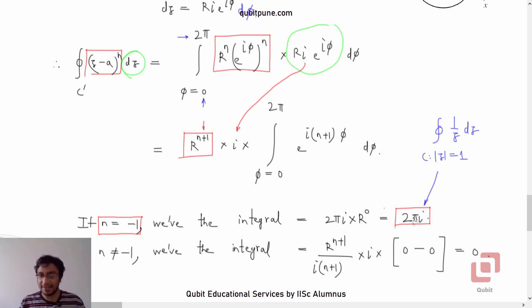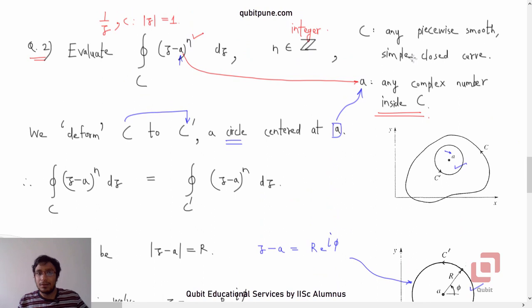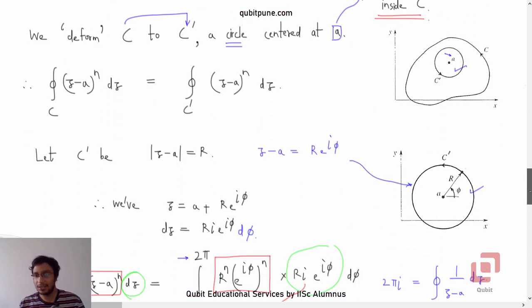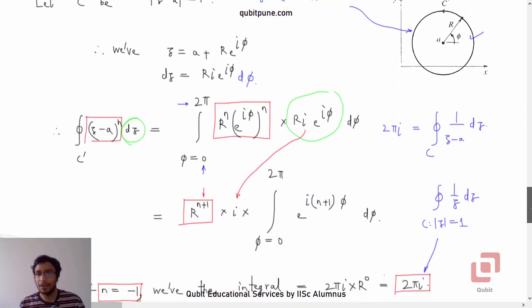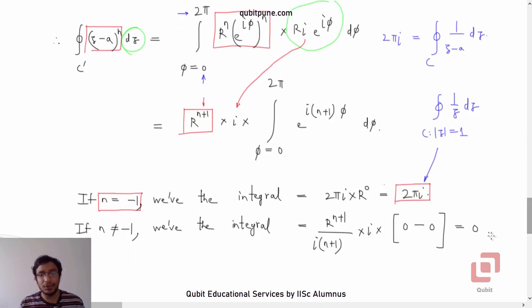The answer is still 2 pi i, meaning if you take any closed curve C, and evaluate the integral of 1 upon z minus a dz, then that will turn out to be 2 pi i, provided the curve C is any piecewise smooth closed curve and a is any complex number inside C. In this case that complex number was 0, which also is the center of the unit circle. Let's go to the second case now, where n is not equal to -1.